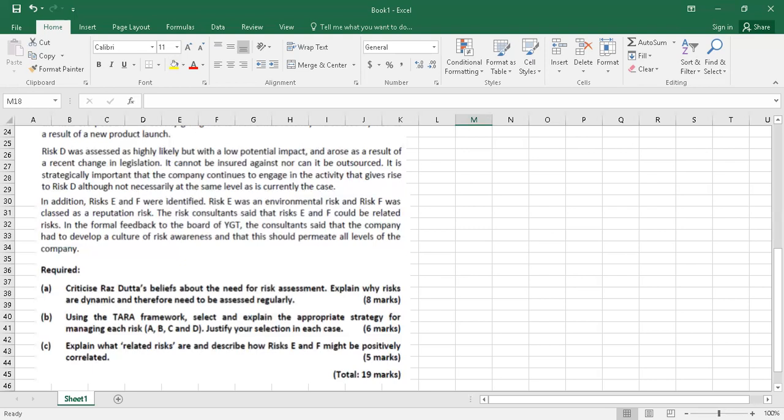Inflation is on the rising trend. There are multiple changes happening in the external environment. Therefore, we cannot go with the opinion of Raj Datta and say that there is no need. There is a need because of multiple factors changing in the external environment, and therefore risk assessment is important.